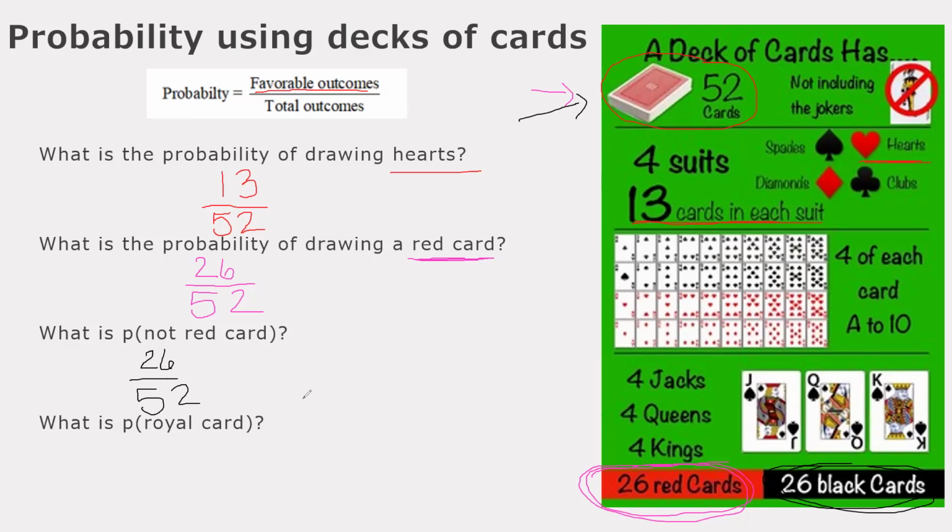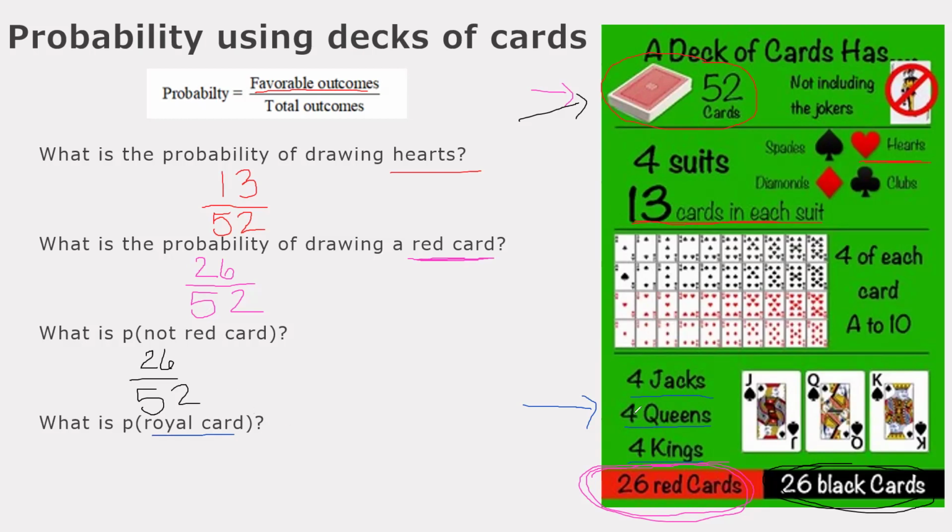All right, our last question here is, what is the P, for probability, of getting a royal card? So the royal cards are your jacks, queens, and kings. If we look at our picture here, it tells us that there are 4 total jacks, 4 total queens, and 4 total kings. If I want the probability of getting any royal card, doesn't matter if it's a jack or a queen or a king, just one of those, then we're going to add these up because it could be any of them.